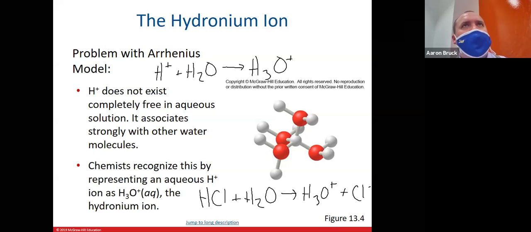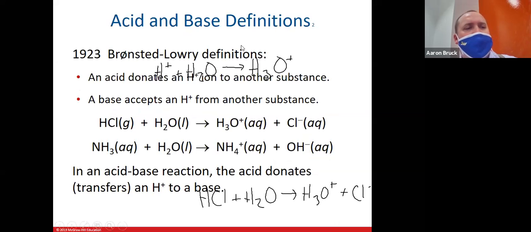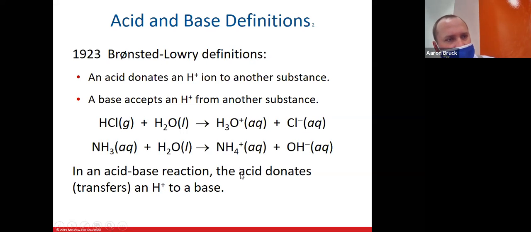We needed the ability to expand upon this model. And that's where Bronsted-Lowry theory comes in. Bronsted-Lowry theory, which is nearing its 100th anniversary, defines acid and base based upon the movement of those H plus ions.